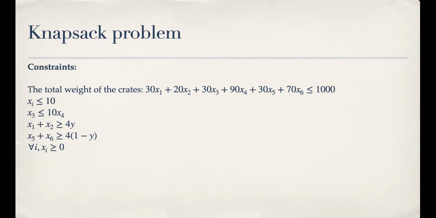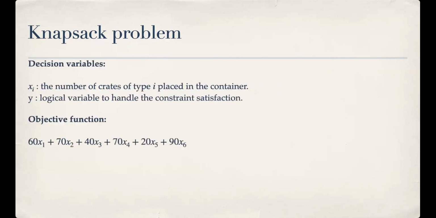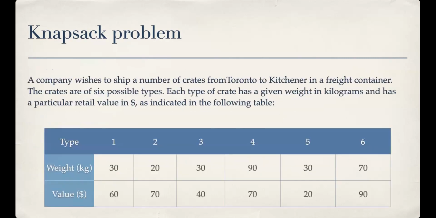How do we get this information? From this table, right? Back to this table, okay? Because this table gives the information regarding the weight of each type.